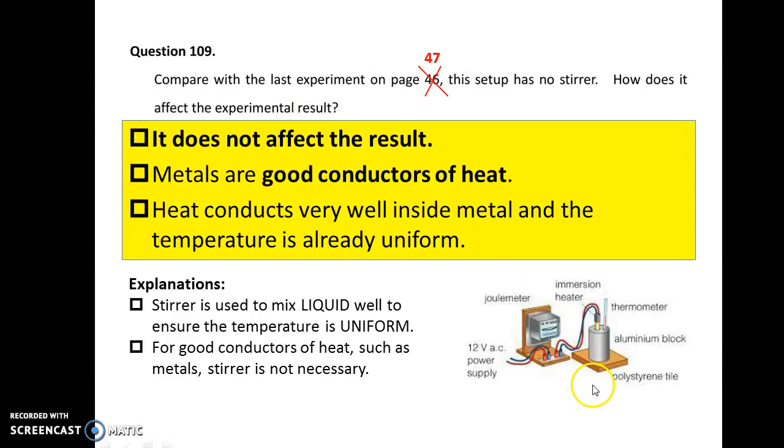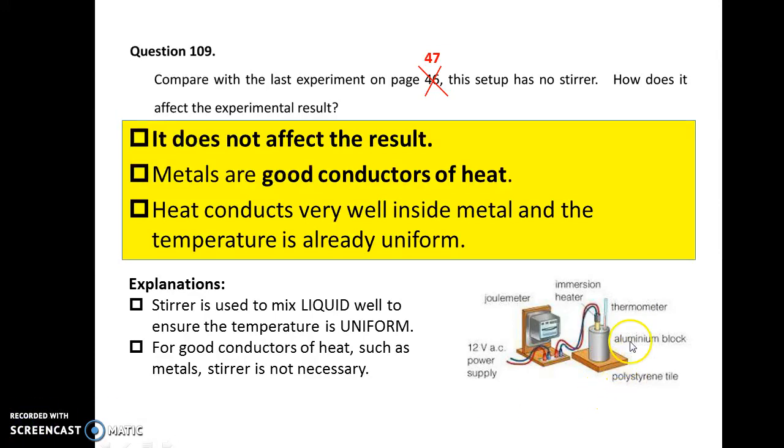The result is still good, because metals, such as aluminium, are good conductors of heat, so that they conduct heat very well, so that each part of the metal will have the same temperature. In other words, the temperature is uniform. So the thermometer can measure the average temperature of the metal. Easy.